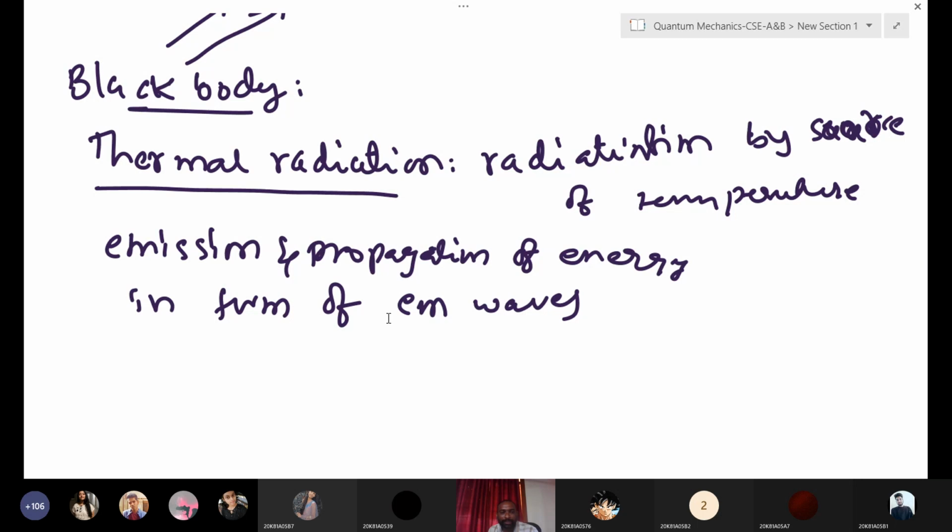So thermal radiation means if you heat the body, it will get a temperature, and we measure the heat by temperature, right? So it will emit some energy or release the energy, that is the radiation.